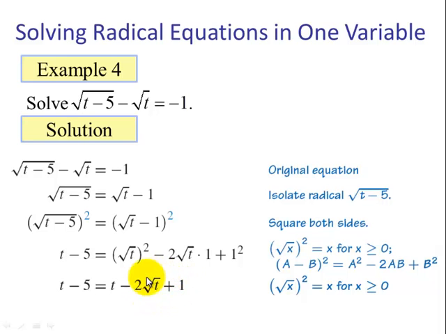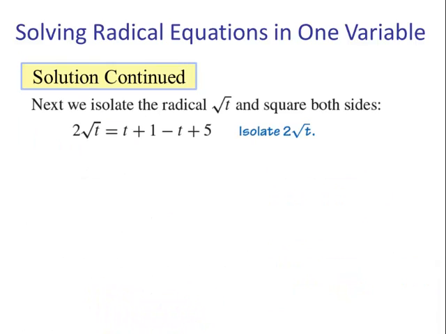Next, we want to isolate the square root of t, so we need to get rid of this t, so we subtract t from both sides. We need to get rid of this 1, so we subtract 1 from both sides. And we have 2 times the square root of t equals t plus 1 minus t plus 5.